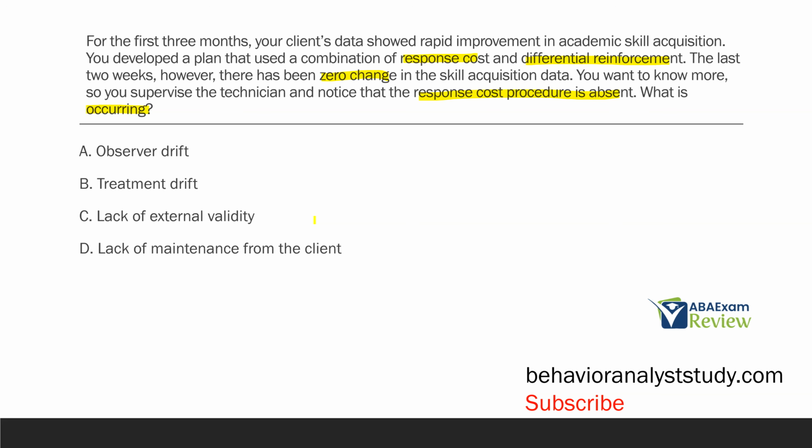So improvement implies a change. With maintenance, that's a skill that's already been taught, already been mastered, and that the client can still do after intervention is over. We're not focused on maintenance here. We're still looking for that improvement. Improvement stopped, and we need to figure out why. So based on this information, it seems like treatment drift is occurring.